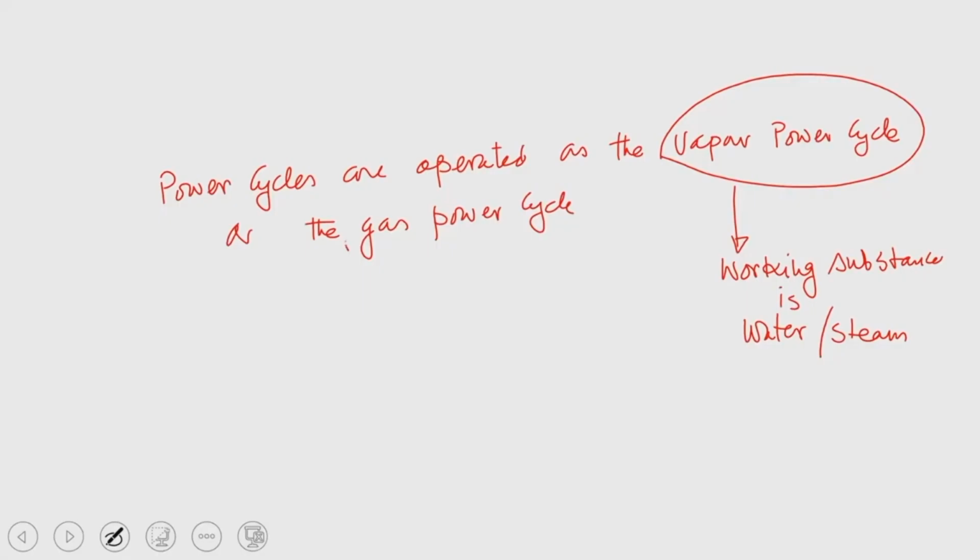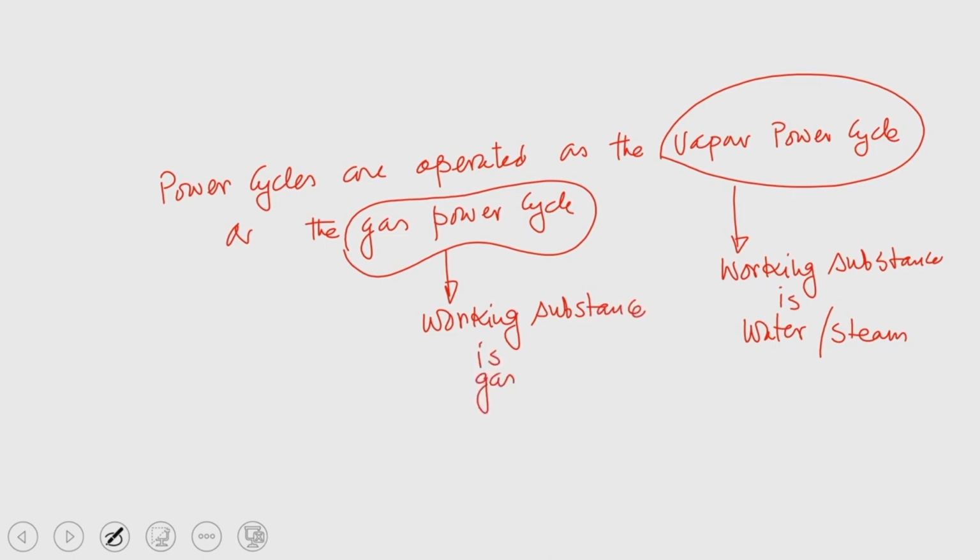On the other hand, though it is not included in this particular syllabus, maybe in one of the modules I will briefly touch upon this aspect, but for the sake of completeness, let me write here, in this particular cycle the working substance is gas.